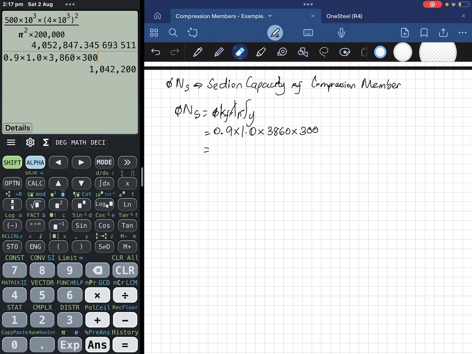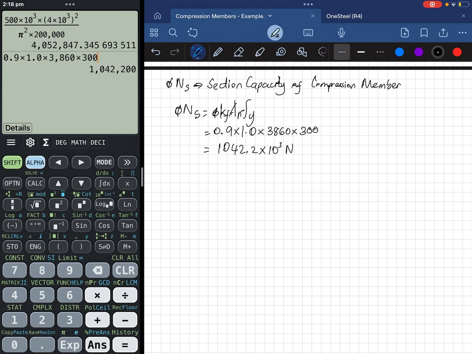All right, so we have 1042.2 times 10 to the power of 3 newtons.